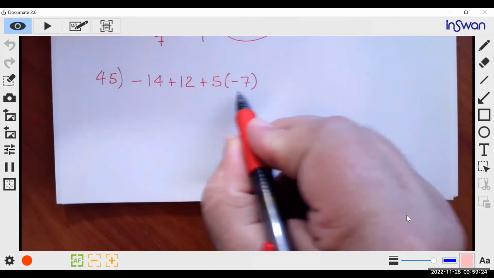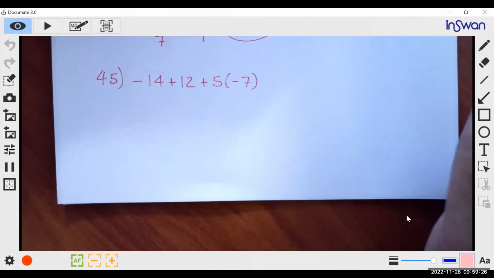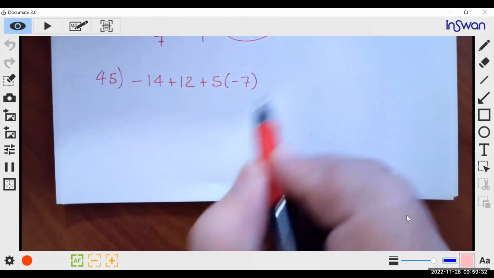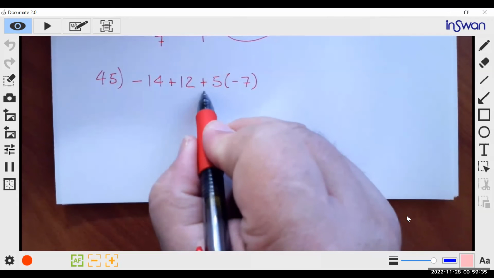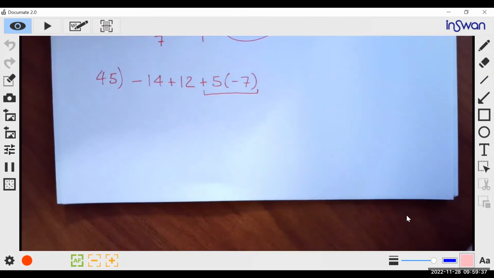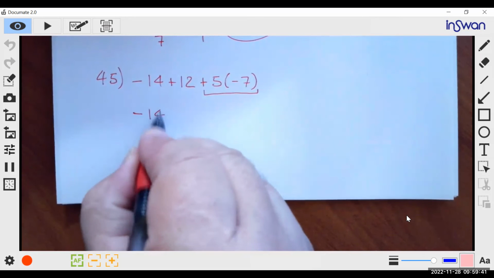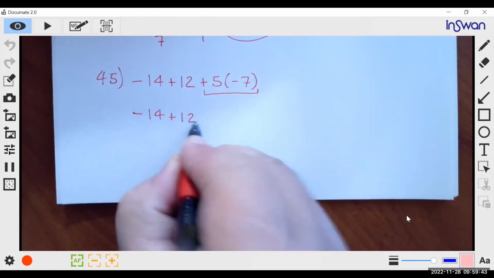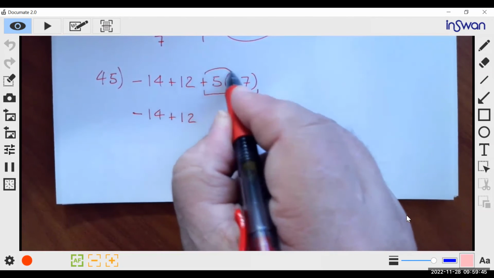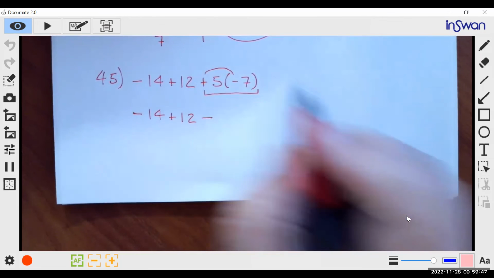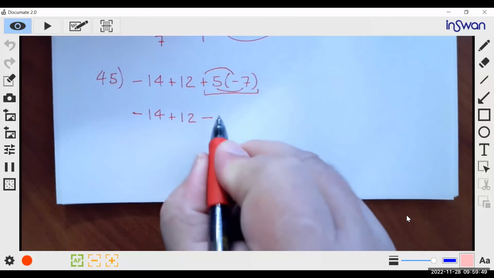Can we do anything inside the parentheses? No. So what's after special operations? Multiplication. Are there any multiplications? There's a multiplication right there. Negative 14 plus 12. So positive times negative is a negative. 5 times 7.